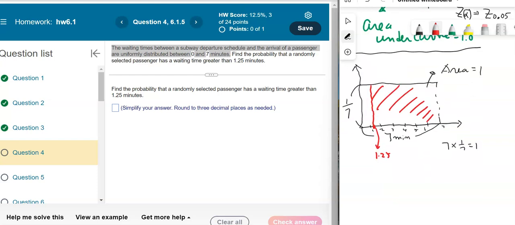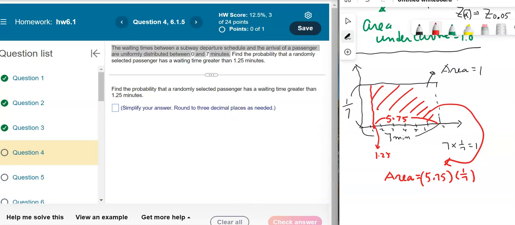The entire area is 1, but for this red area, this length is 7 minus 1.25, which is 5.75, isn't it? So area is 5.75 times 1 over 7, because height is 1 over 7.